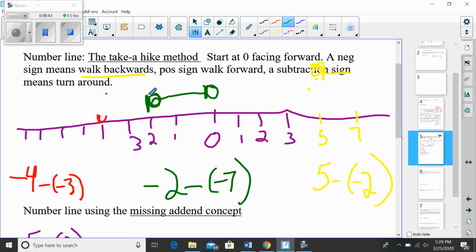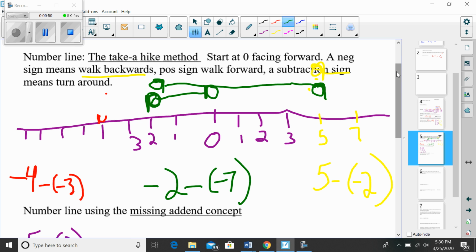Okay, I'm backwards 2. I turn around, and then I go backwards 7, taking me to 5.